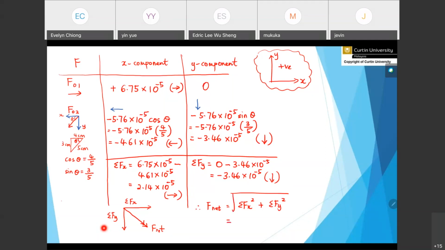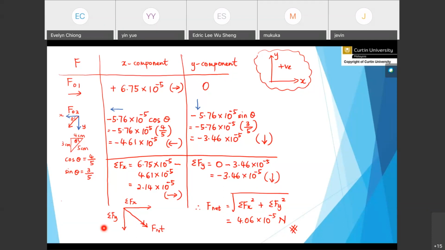Then you just substitute the value. I have already shown you what is the net x component and also net y component. All right, so you just substitute into the equation and you are going to get 4.06 times 10 to the power of -5 Newton. Yeah, so this is the net electric force on the positive charge at position O, due to Q1 and Q2.